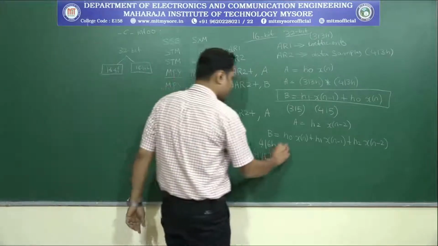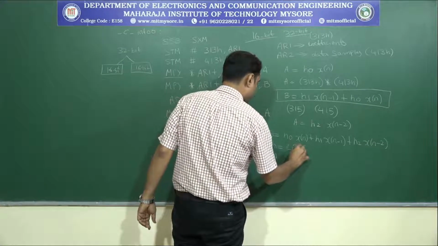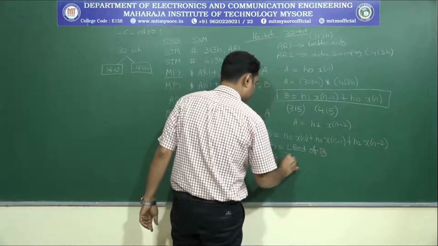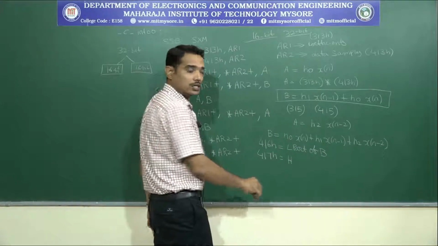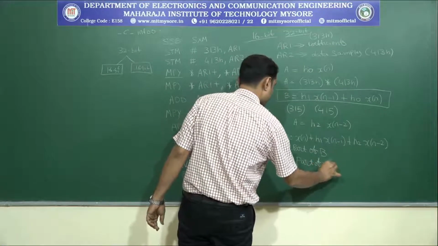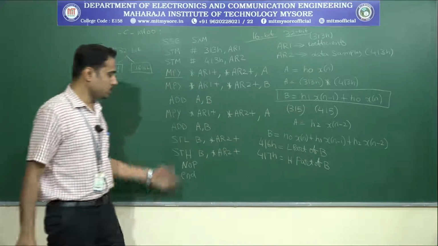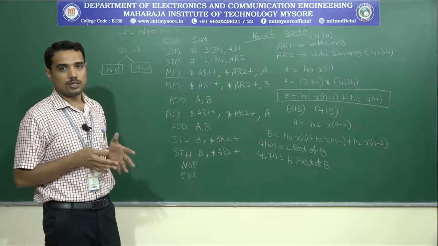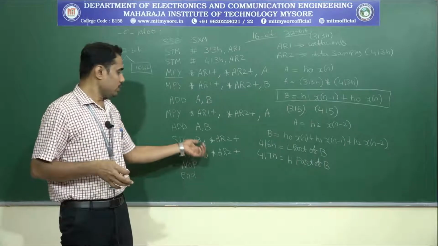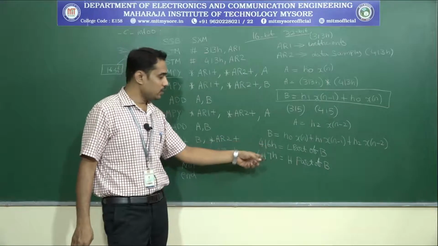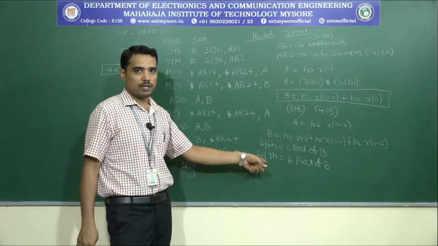I can write 416H is equal to the lower part of B, 417H is the higher part of B. Like this we have stored the 32-bit result in two parts, one in memory location 416H and the other one in 417H.